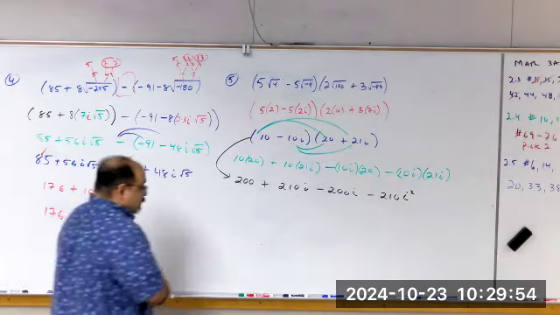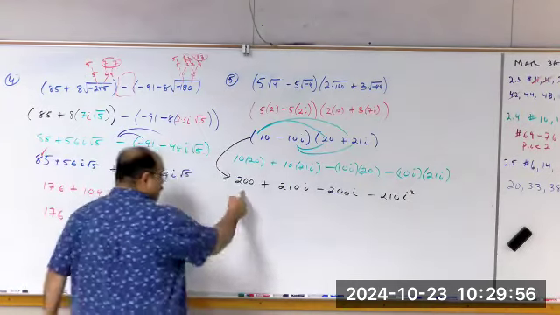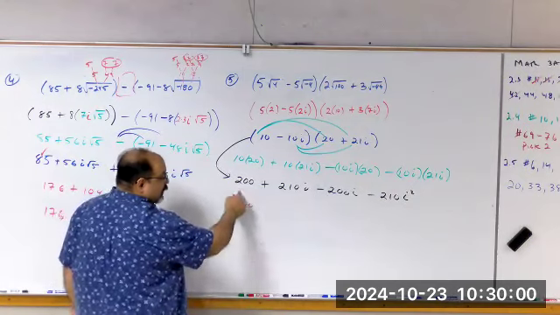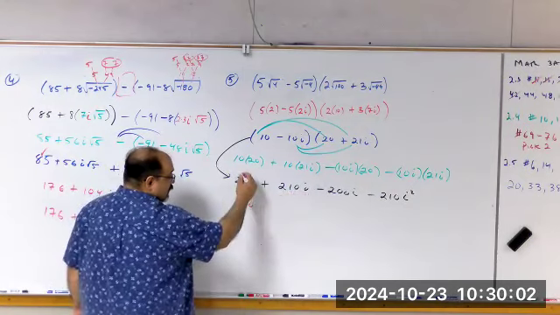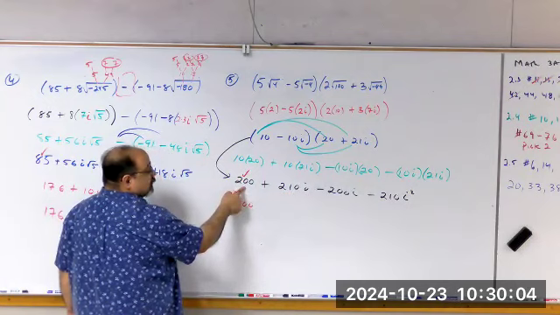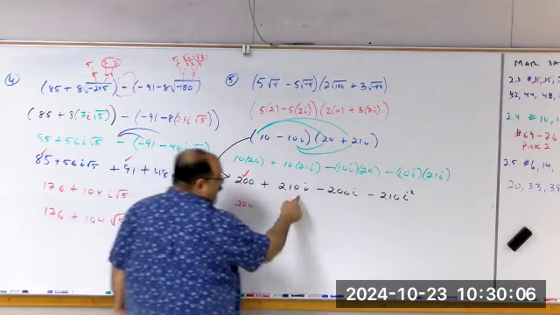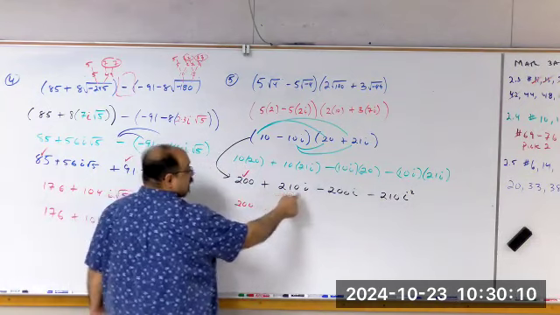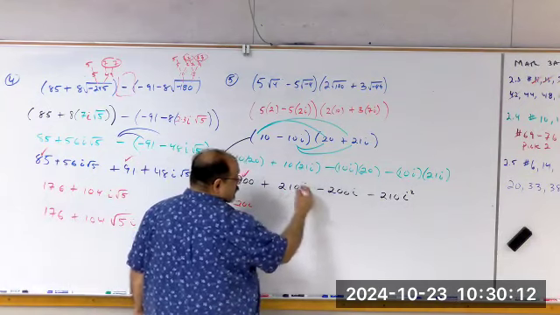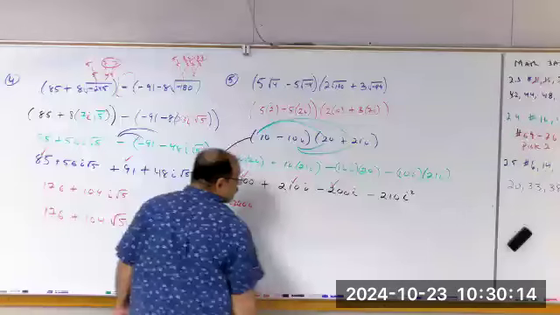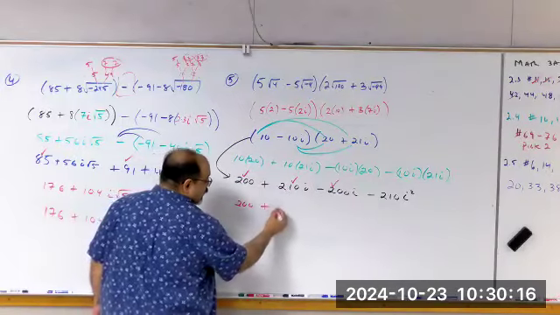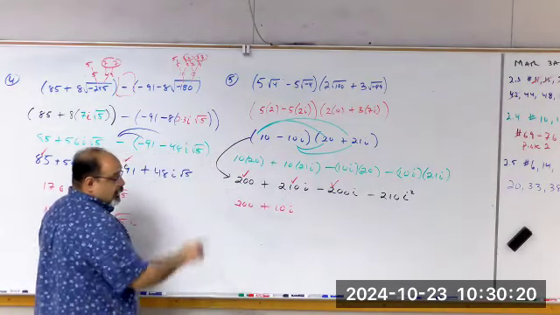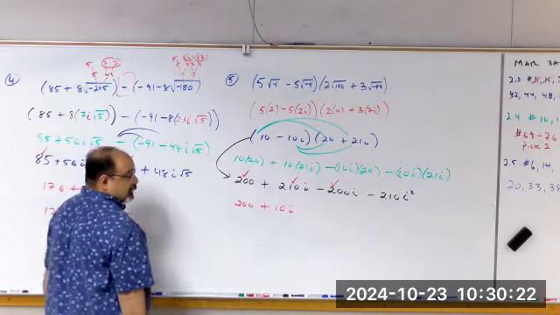So we're not ready to do a whole lot except we have a 200. Everybody else has i's, so there's nothing I can combine with the 200 yet. Here's an i to the first and an i to the first: 210i take away 200i is going to be a positive 10i. And then watch what happens here.